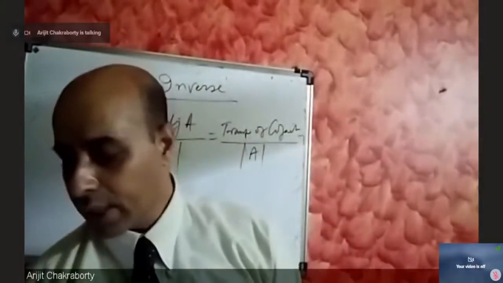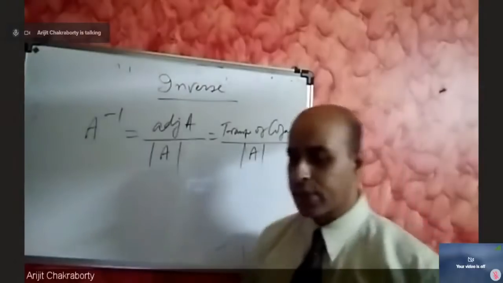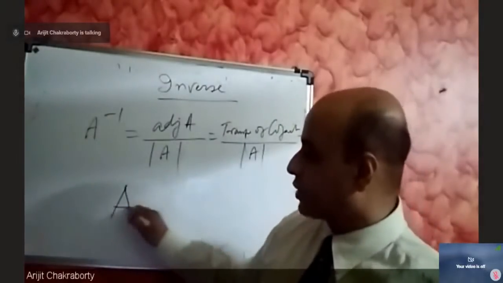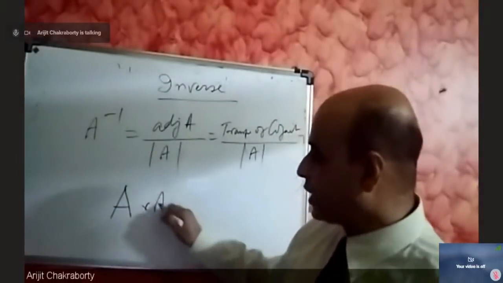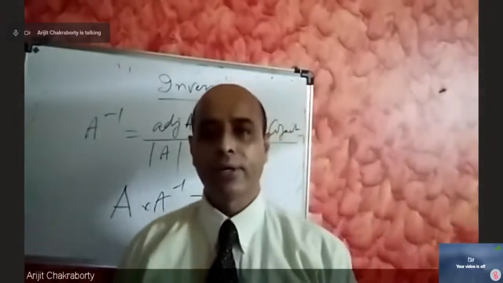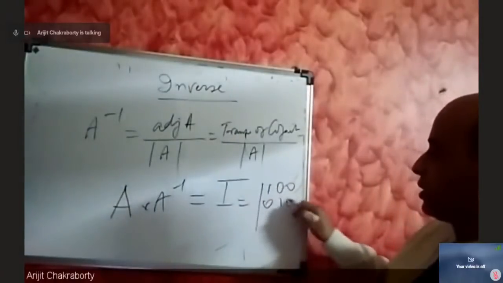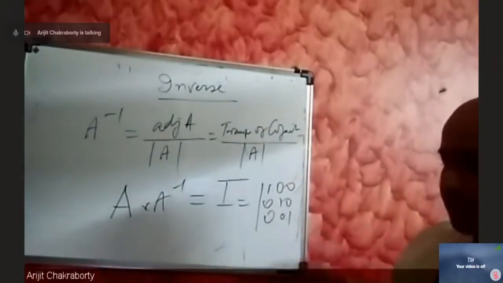This is what is called inverse. Also, please remember an important relationship: a matrix A multiplied by its inverse is always equal to the identity matrix I, that is of the form 1 0 0, 0 1 0, 0 0 1.